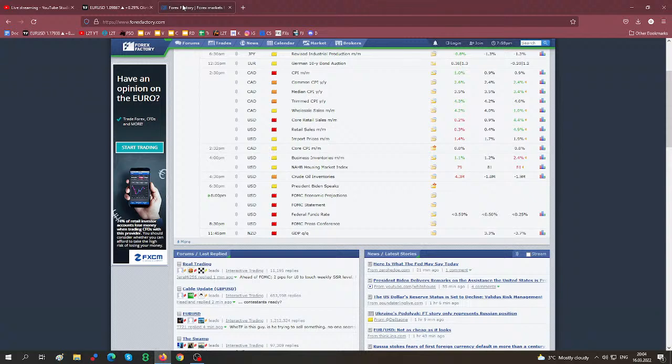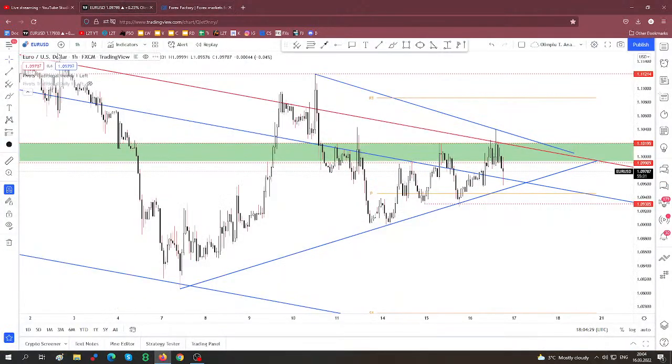Fed median shows unemployment at 3.5% by the end of 2022. Fed officials see the Fed funds rate at a median of 2.8 at the end of 2023. This is from my news terminal, but let's wait. Gold as well, let's take a look.